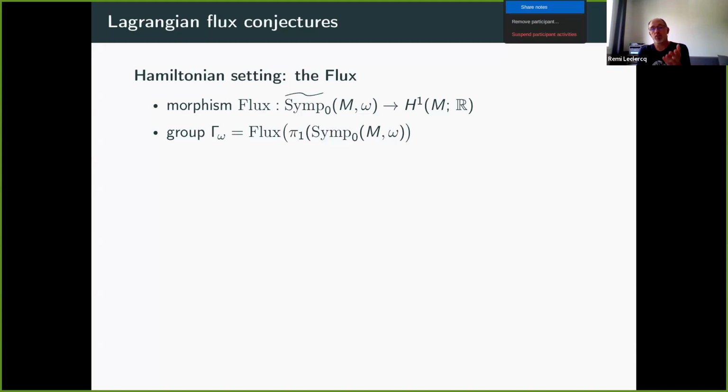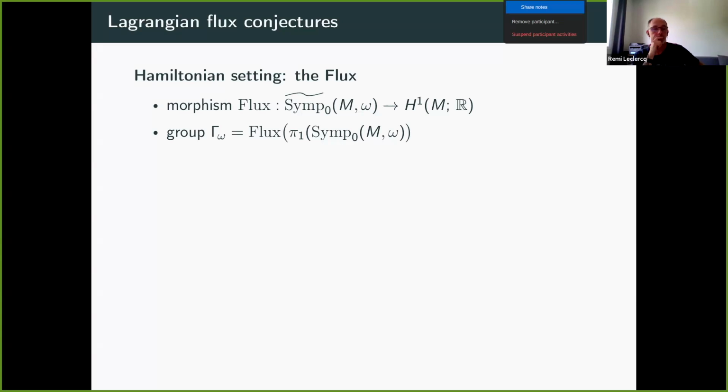The thing is, just using Stokes' theorem twice, you can see that this only depends on the homotopy class of the loop in M and also on the homotopy class with fixed ends of the isotopy. So what you actually did is you defined, for an element of the universal cover of Symp0, a morphism from pi 1 of M to R, which is exactly the first de Rham cohomology group as I wrote it down.